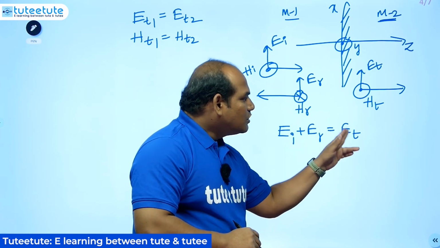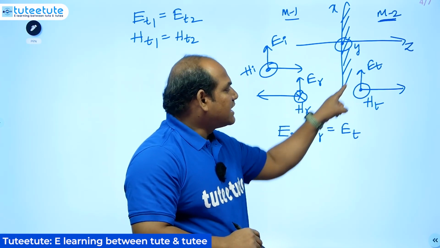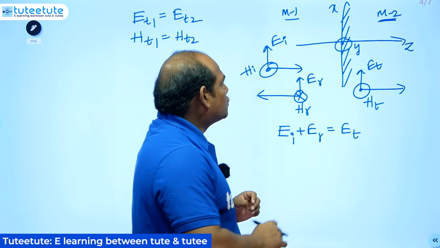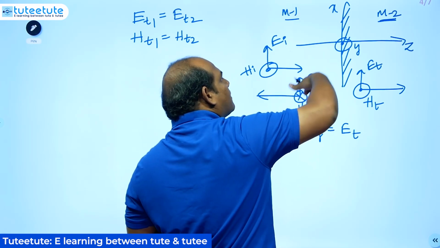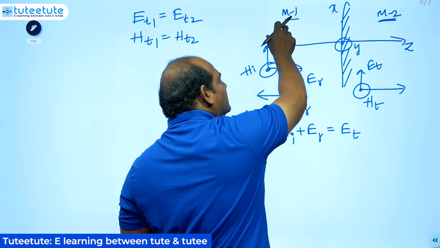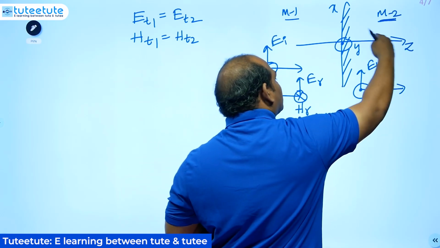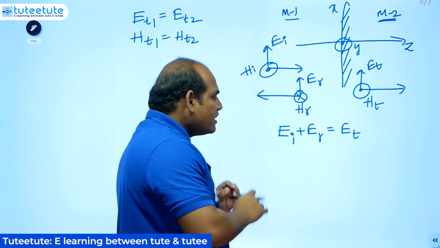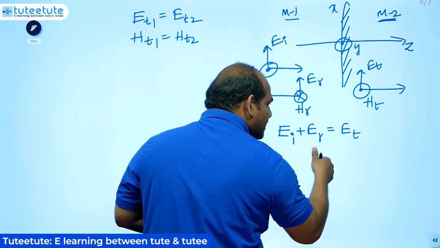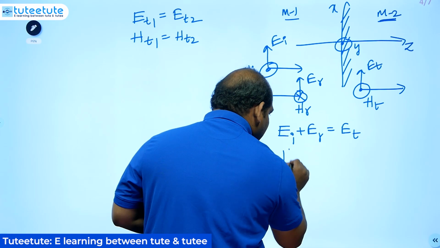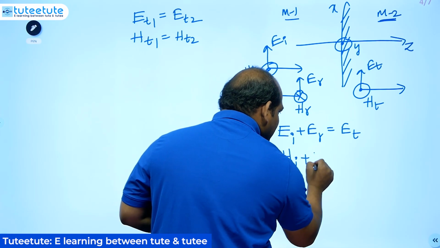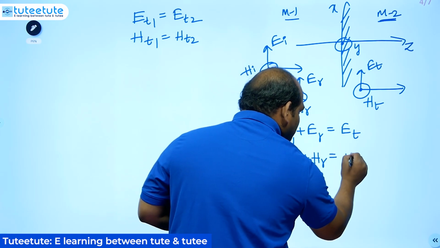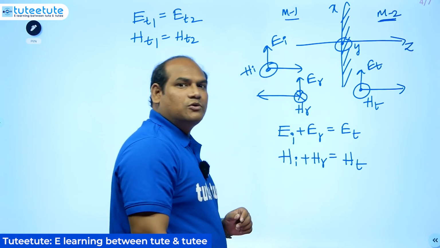That is equal to the transmitted signal electric field, ET. So here the total tangential components of the electric fields are given by EI plus ER, and on the other side the tangential component is simply ET. Similarly we can write the equation for the magnetic field intensities also, that is HI plus HR is equal to HT. Like this we can write.